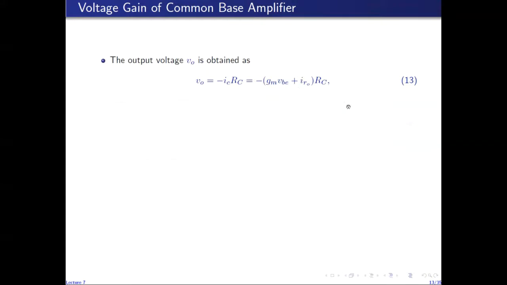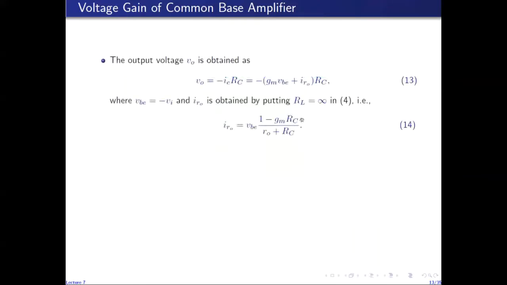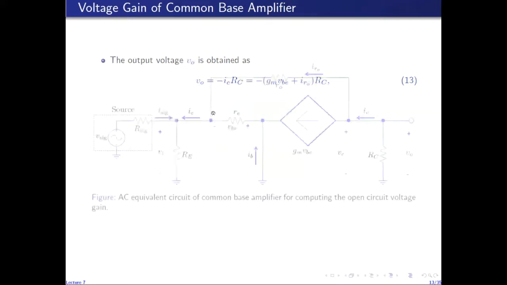And the only difference between that circuit, which we used to derive IR naught in equation 4, and this circuit is that RL is infinity. So if I put RL infinity into the expression for IR naught, which I obtained earlier, then I will get the expression for IR naught corresponding to this circuit.